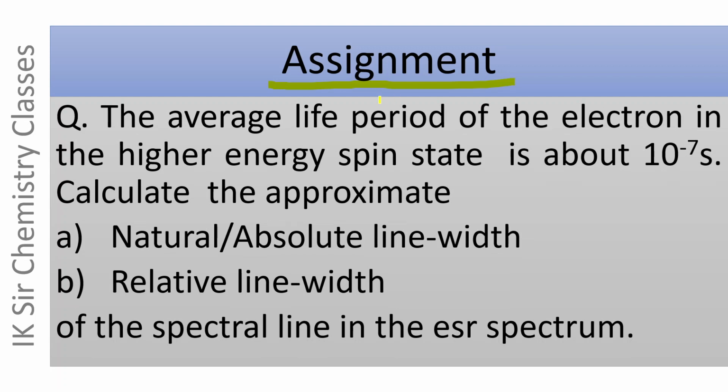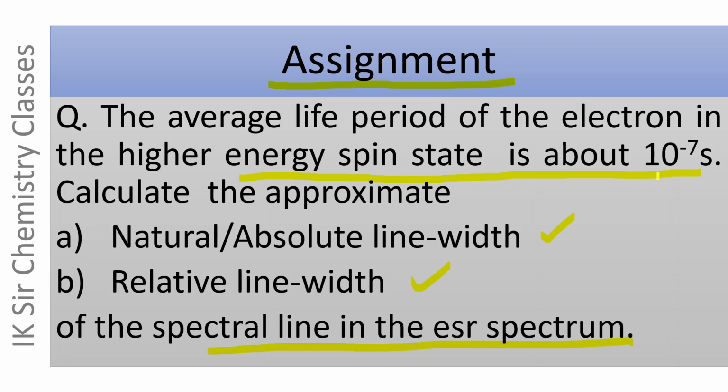Now here an assignment has been given. The average life period of the electron in the higher energy spin state is about 10 to the power minus 7 seconds. Then calculate the approximate natural or absolute line width and relative line width of the spectral line in the ESR spectrum.